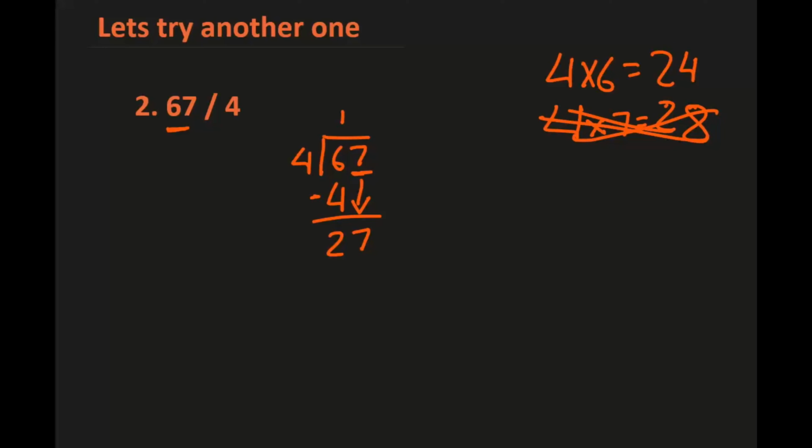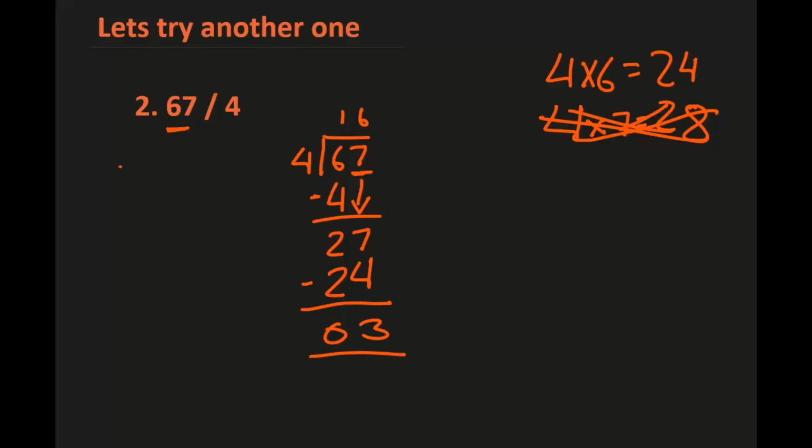Only option is 4 times 6, which is 24. So we're going to do 4 times 6, and then we get a 24. Sorry, that's not 27. Need to remove that. So we're going to put 24 there, and we're going to subtract. 7 minus 4 equals 3, and then 2 minus 2 equals 0. So we get a remainder of 3.